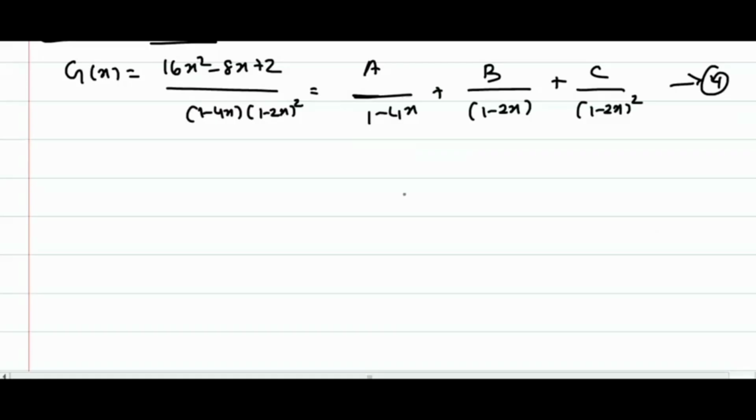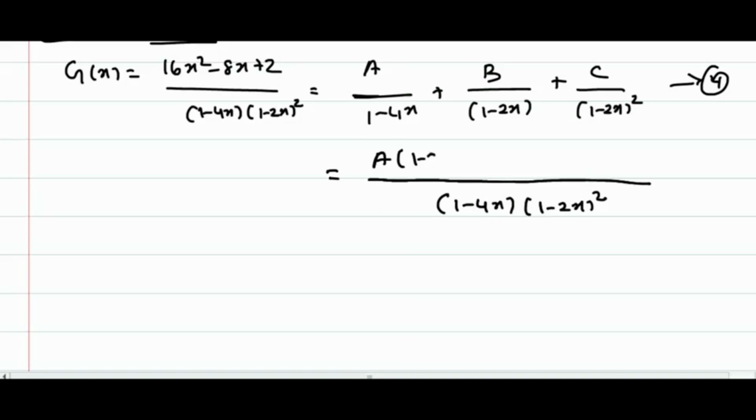Okay, so here we take the LCM for 1 minus 4x and 1 minus 2x whole square. So here we get A into 1 minus 2x whole square. Taking the LCM, 1 minus 2x and 1 minus 2x get cancelled, we multiply the remaining term into B. For C, this term cancels, we get 1 minus 4x, so we multiply C into 1 minus 4x.